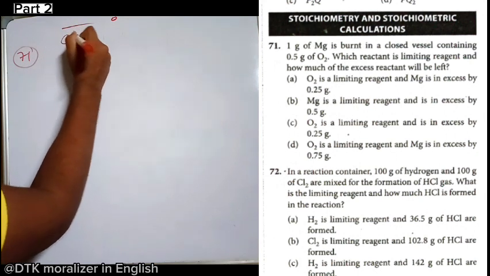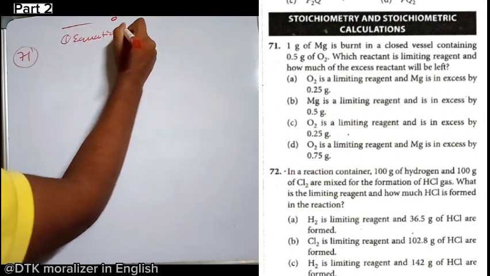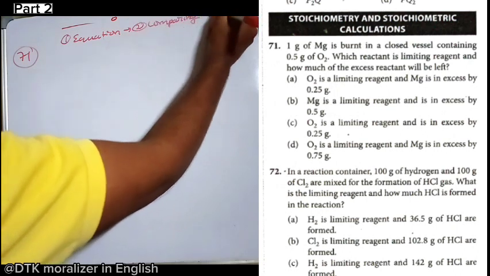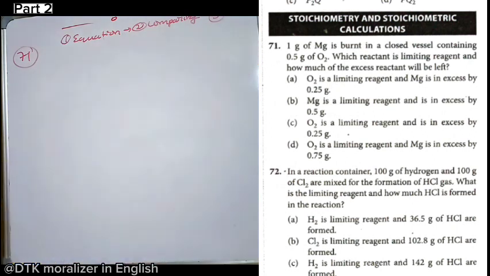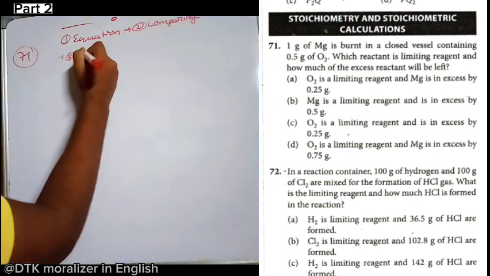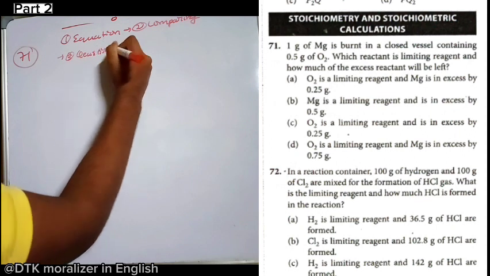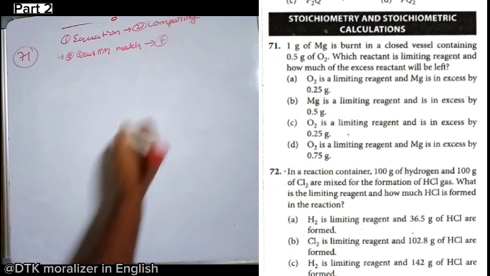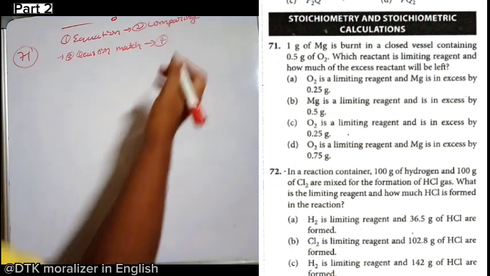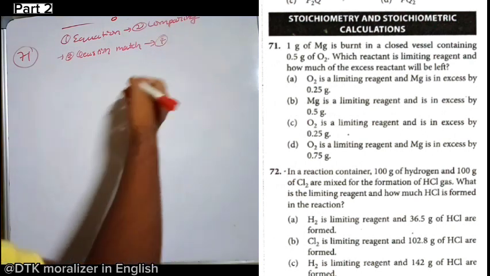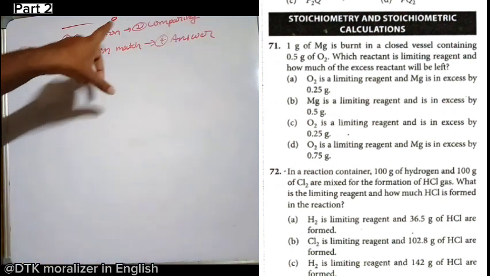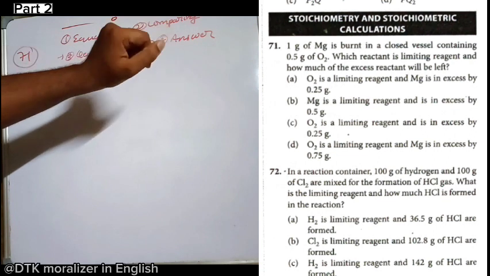As you can see here, you have to write the equation first, then comparison, then solving. Then we have to match with the question, and then the answer will come out.